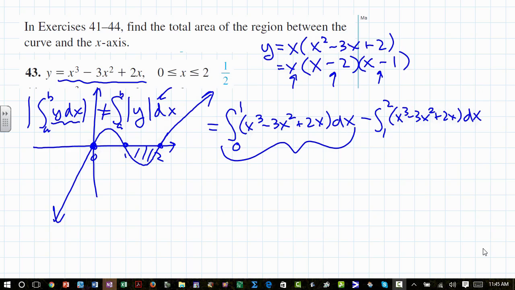No, because one's positive, one's negative, it's going to cancel out. Well, it would cancel out if this was a plus here. If they were the same area, this would be the positive area, this would be a negative area, and indeed they would end up becoming a 0.